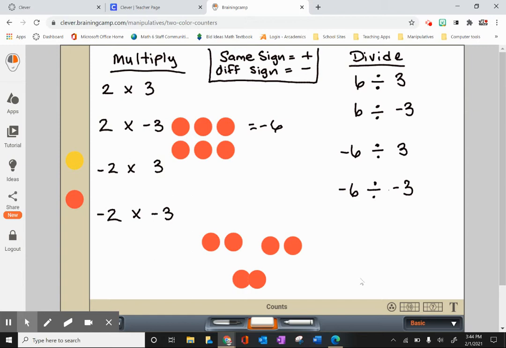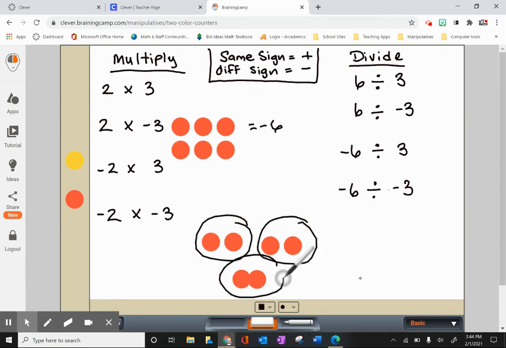So there are my three groups. One group, two groups, three groups of negative 2, which still ends up to be negative 6. And this top one is a positive 6. So when one of the factors is negative, your answer is negative, but they all equal 6.